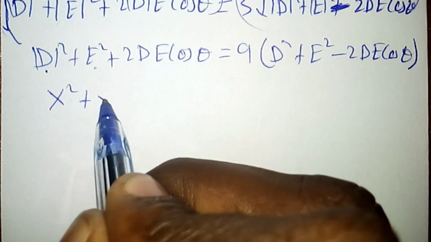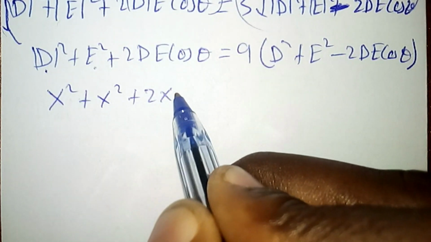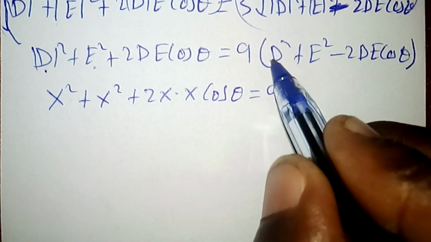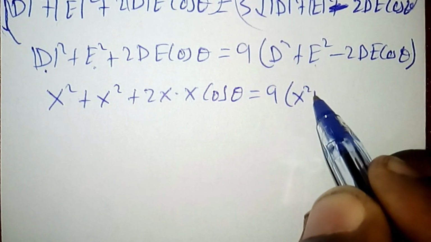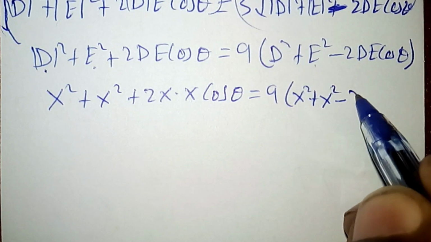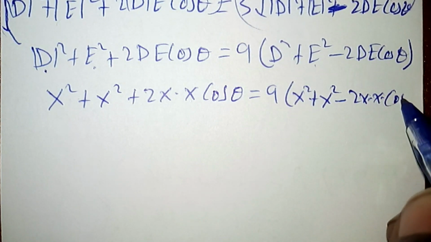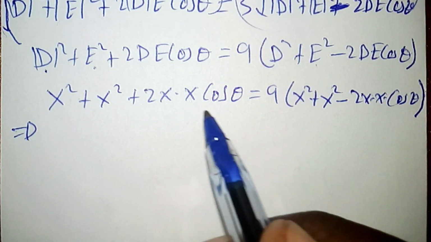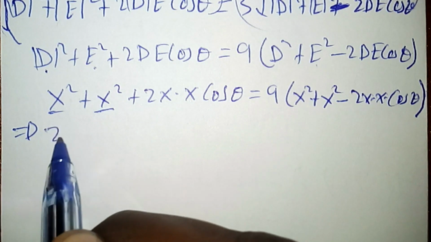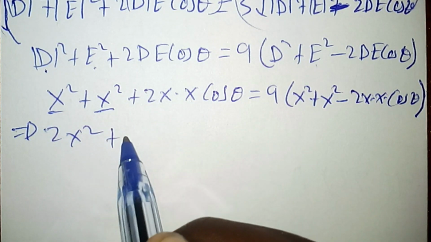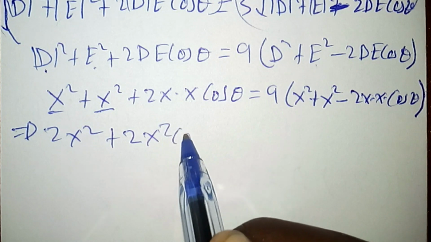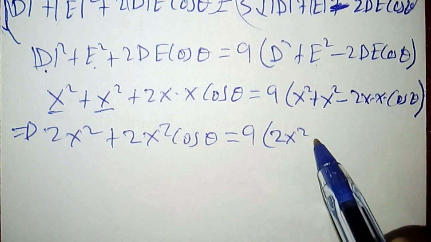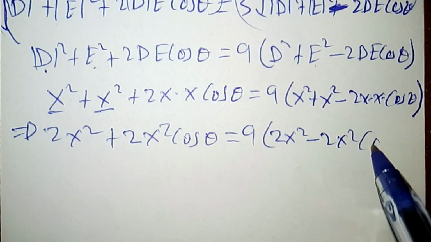Since the magnitudes of the vectors D and E are equal, I substitute with x. So x squared plus x squared plus twice x times x cos theta is equal to 9 times x squared plus x squared minus twice x times x cos theta. So this is twice x squared plus 2x squared cos theta, which is 9 times twice x squared minus 2x squared cos theta.